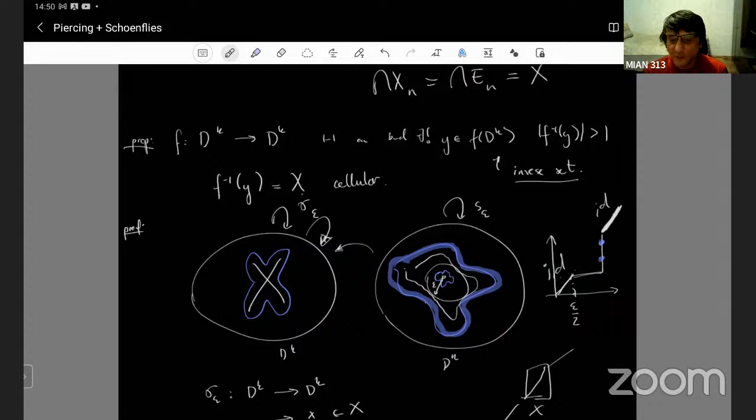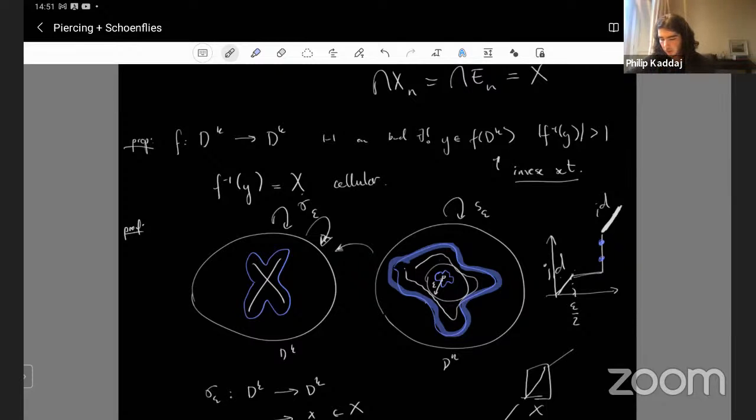So if you have one PL ball inside of another PL ball, then the closure of their difference is an annulus. Because of this, we have annuli in the domain. So the domain consists of the preimage of that singular point, and also some annuli. Sorry, could you repeat how you get the annuli?